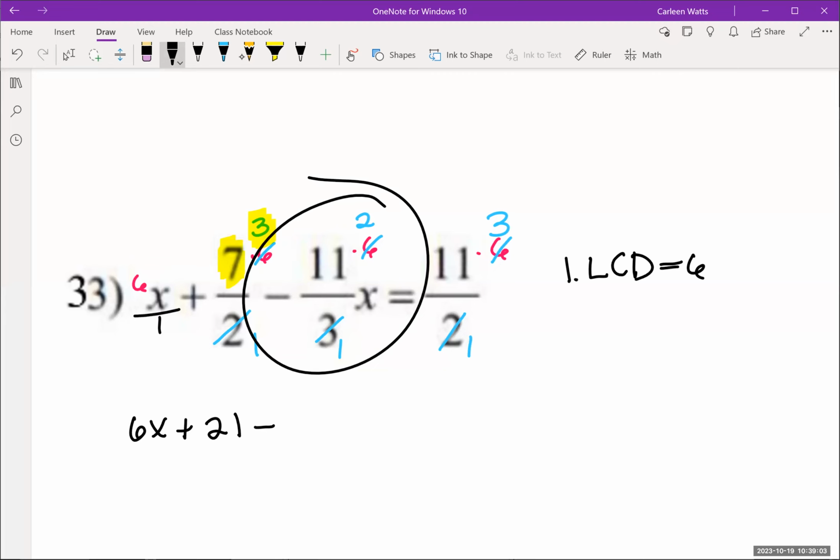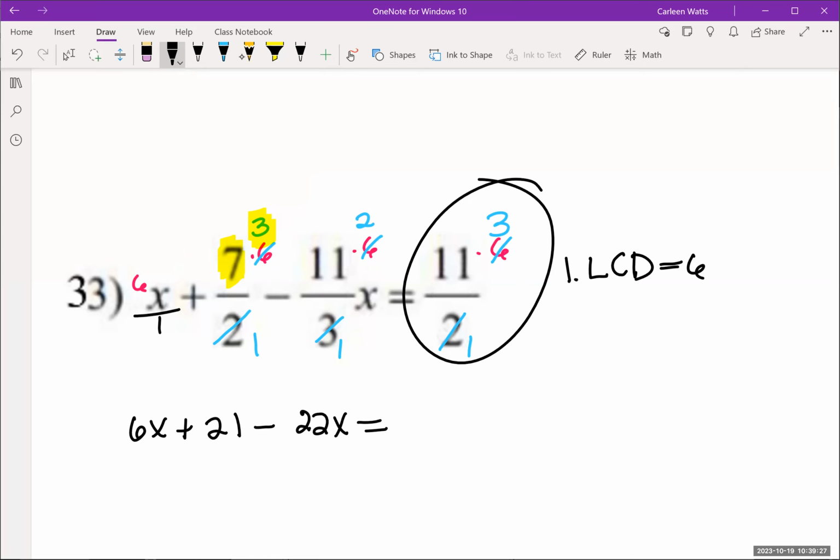How about this one? What's going to be left there? Minus. Ding, ding, ding. 22x. Yeah. Is equal to, what's left over there? 33. Okay. Combine like terms. Let me check something.